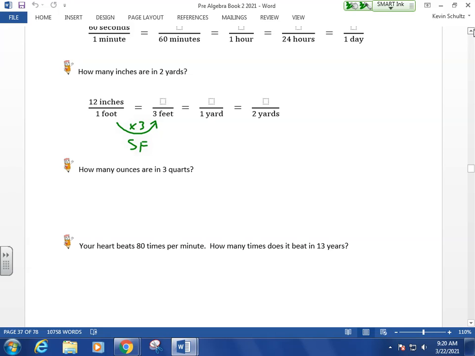Which means, because it's a scale factor, we also multiply our numerator by 3. So if there are 12 inches in a foot, we triple that. There are 36 inches in 3 feet. Since we just did a scale factor, what comes next?